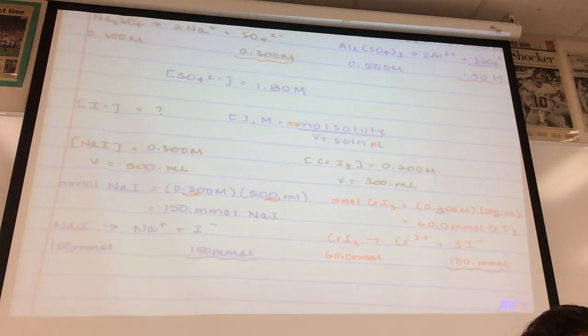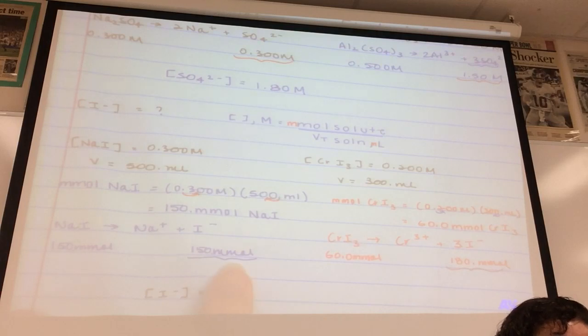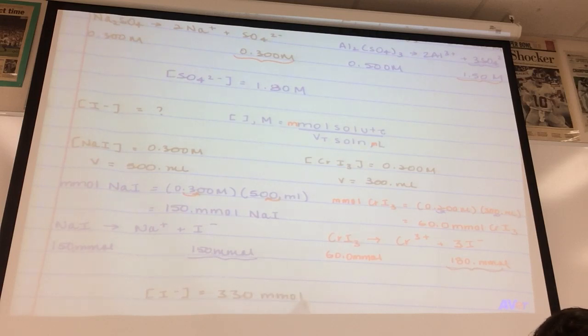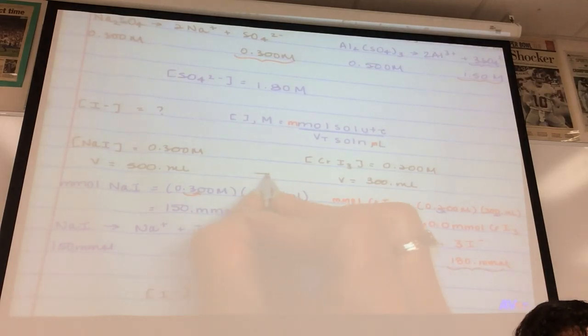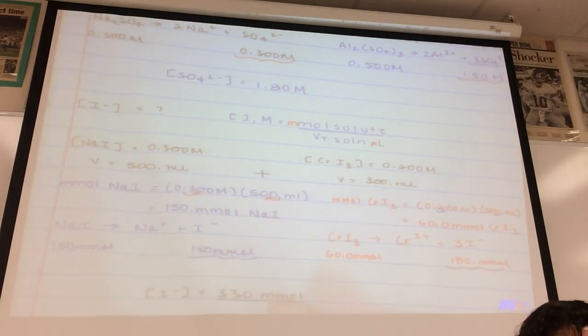The concentration of the iodide ion then, you've got 150 plus 180 is 330 millimoles of iodide ion. What's the total volume of solution? 800 milliliters. 800 mL when you add the two together.